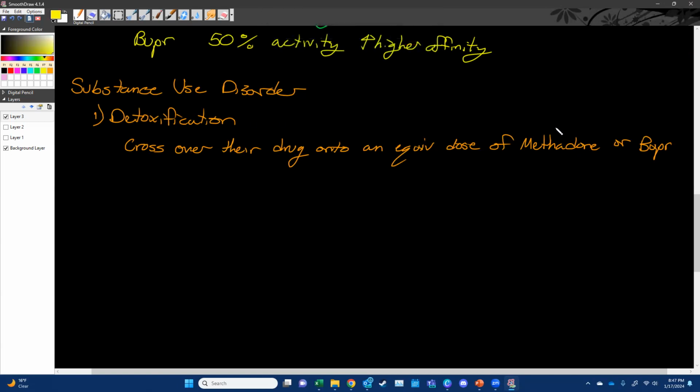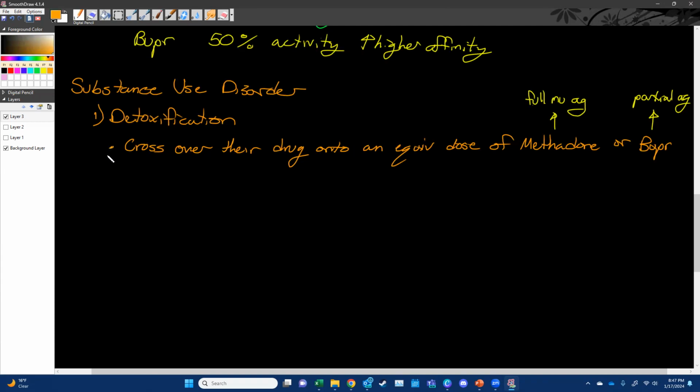Remember that methadone is a full mu agonist, whereas buprenorphine is only a partial agonist. So you cross them over from their drug of choice, so maybe they're a heroin or fentanyl user, and you put them onto an equivalent dose of methadone or an equivalent dose of buprenorphine.